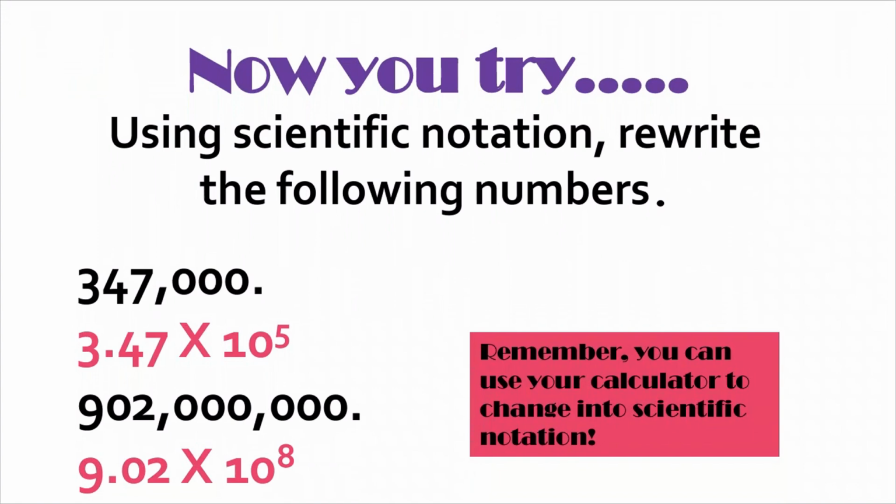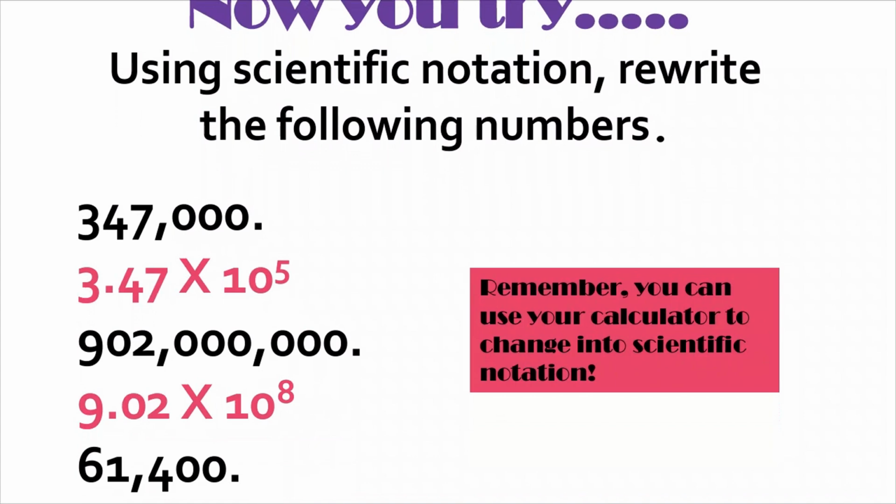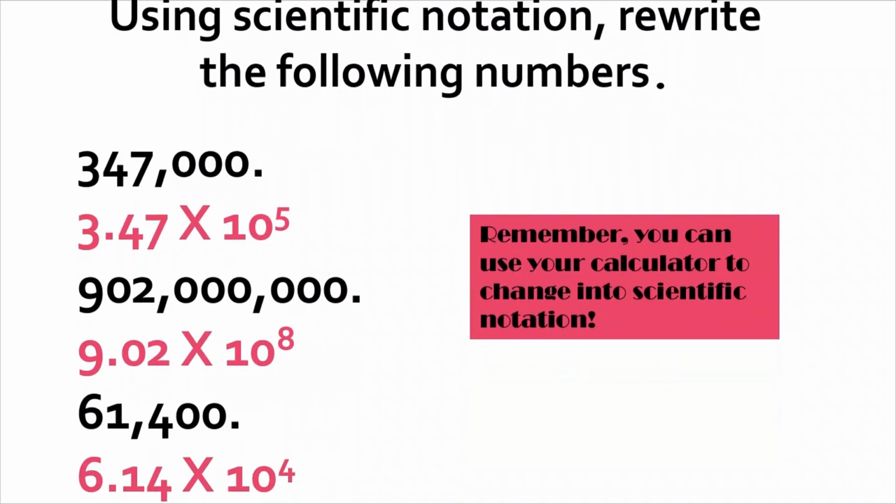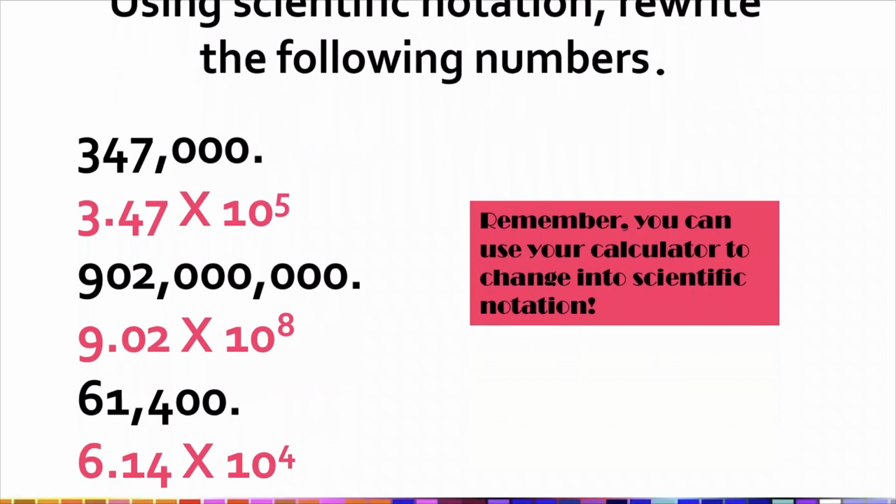So the correct answer is 9 decimal 02 times 10 raised to the power 8. 61,400. What would be the right answer? Decimal after 6 and count all digits. They are 4. So the answer is 6.14 times 10 raised to the power 4.